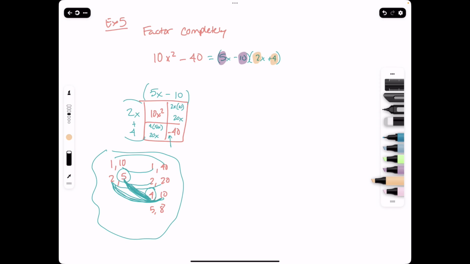It's not completely factored. You need to take those common factors out. So they both have a factor of 2 that needs to come out, and then these both have a factor of 5 that needs to come out. So I could say 5 times x minus 2.